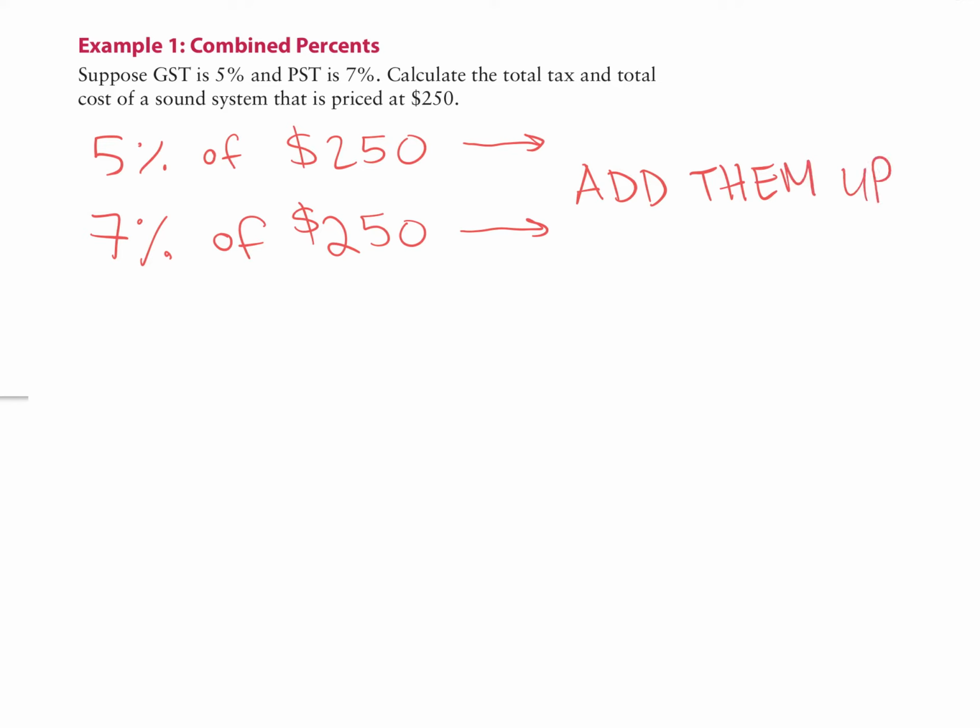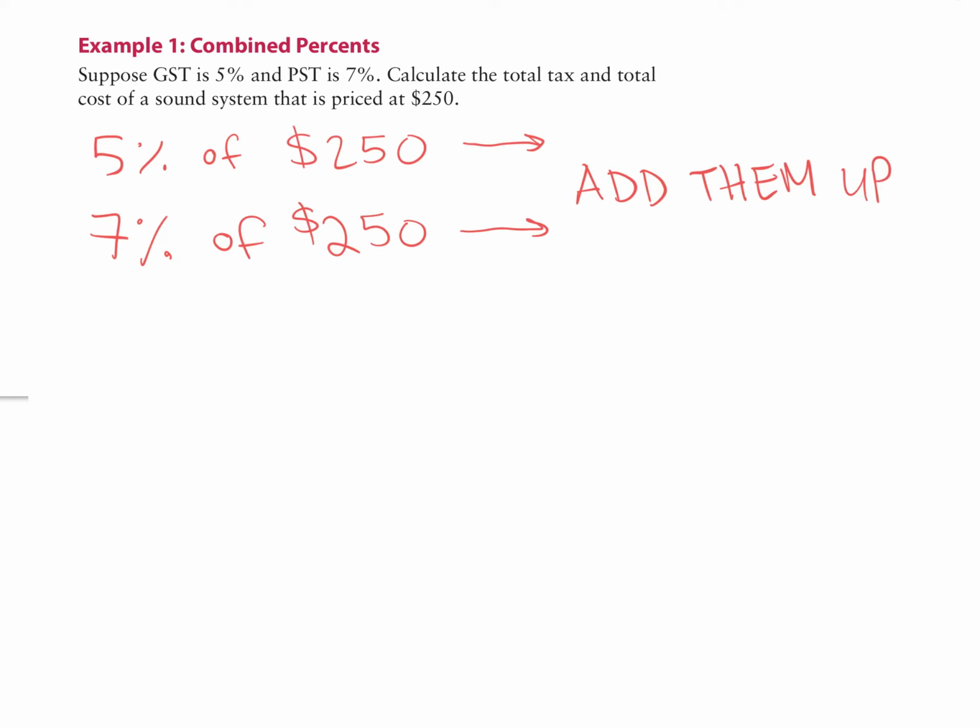Once you have both of those, the 7% and the 5%, you're then going to add them to the total cost of the stereo, because we know that tax is always added after the original purchase price, or added to the original purchase price.